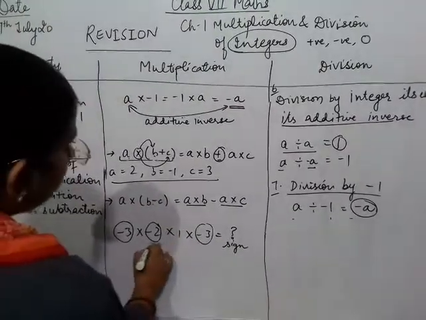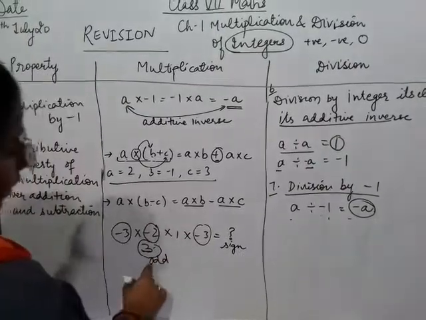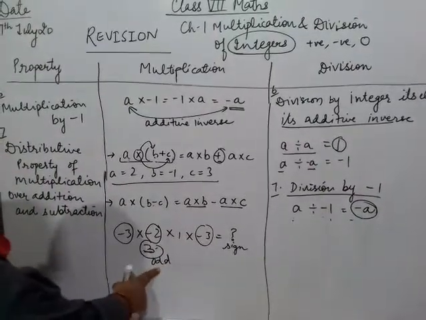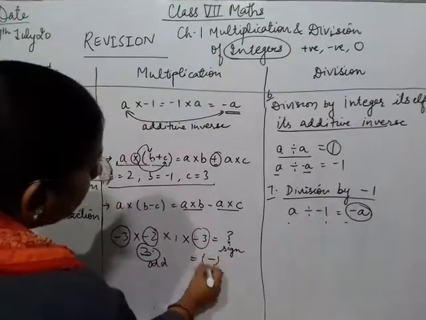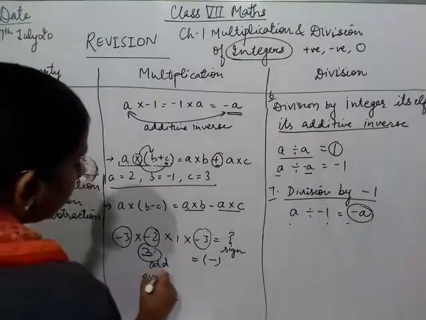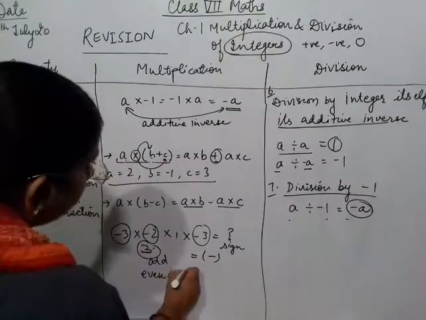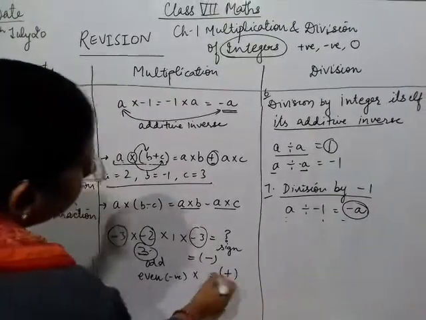Okay, 3 negative integers. This 3 is an odd number. When we have an odd number of negative integers to be multiplied, the sign of the result is negative. And if we have an even number of negative integers multiplied together, we get a positive result.